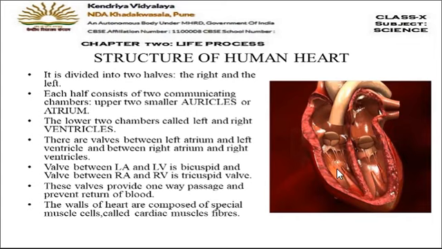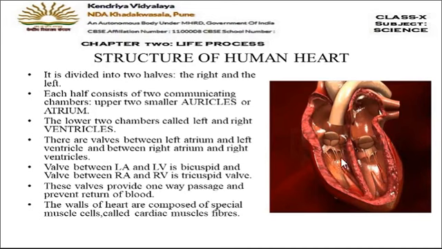Now each half consists of two communicating chambers. Each half again has two chambers, one upper chamber and one lower chamber. On the right side also you can see the upper chamber and the lower chamber. So there are two upper chambers and two lower chambers. The upper ones, the left upper and the right upper, are called the auricles, or you can say atrium.